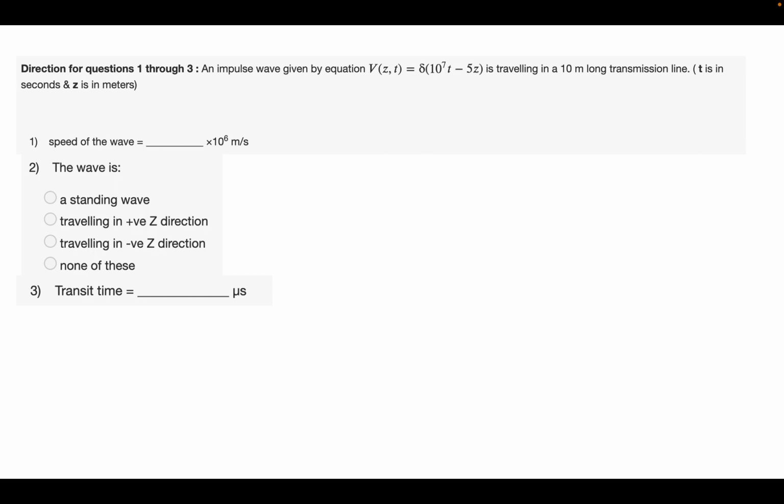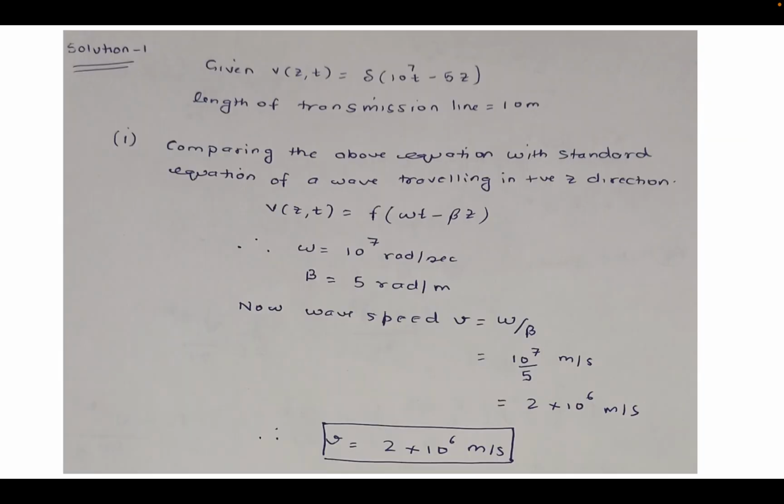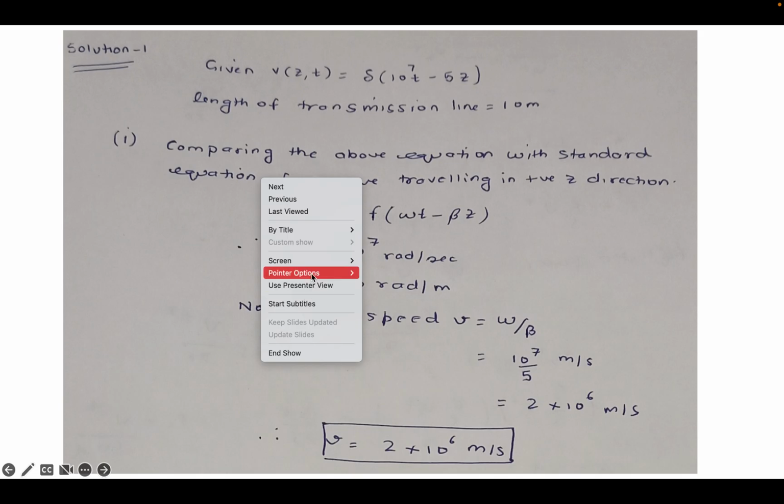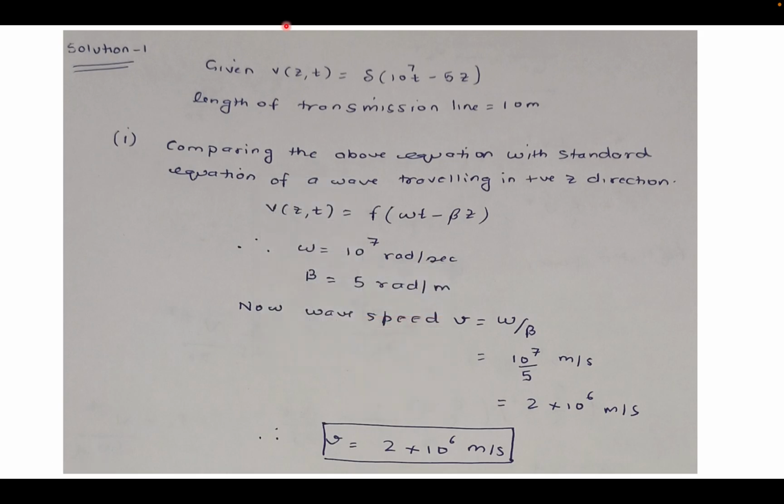As you know, the expression of voltage on the transmission line is already given, and we already know, just let me get the laser pointer, that v(z,t) is some function of t and z, and the length of the transmission line is 10 meters. We learned in our lectures that voltage as a function of z and t can be written as f of (omega t minus beta z), where omega is the angular frequency and beta is the phase constant.